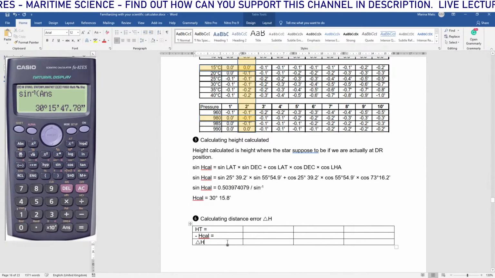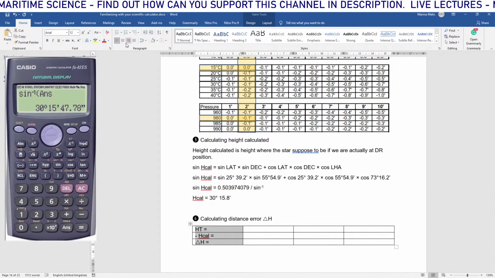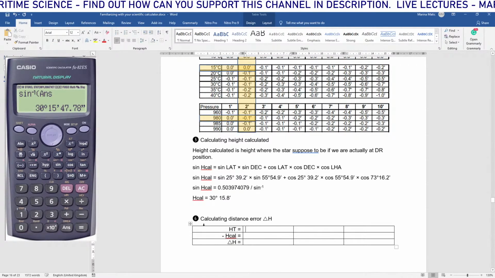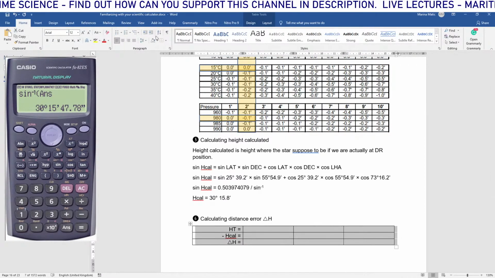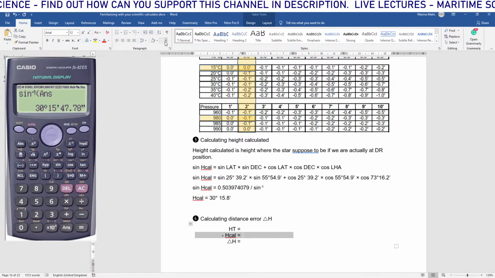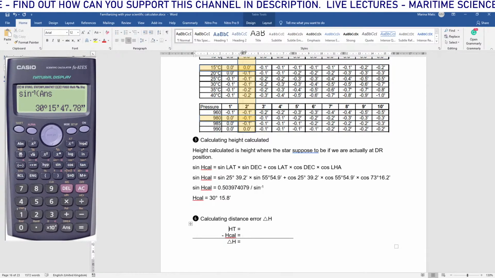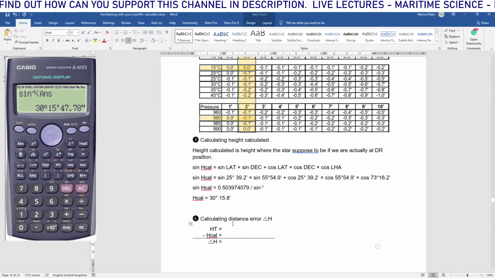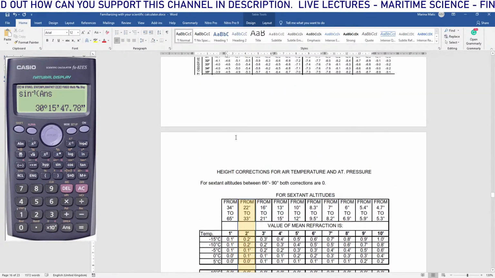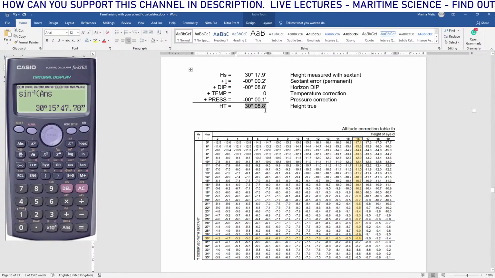Let's copy that. Let's do the left part. Height true, bottom border. Height true was 30 degrees 8.8, copy.